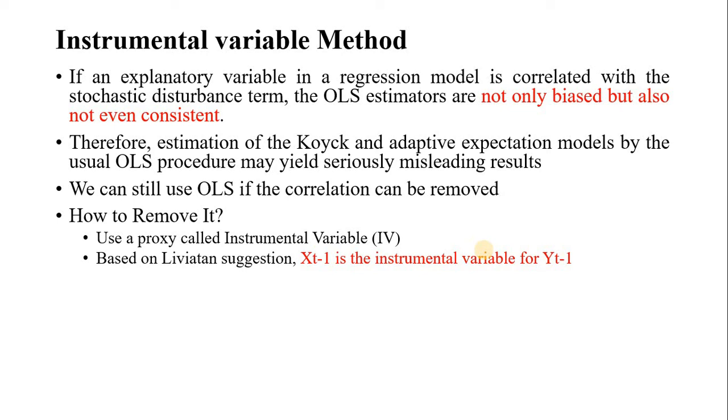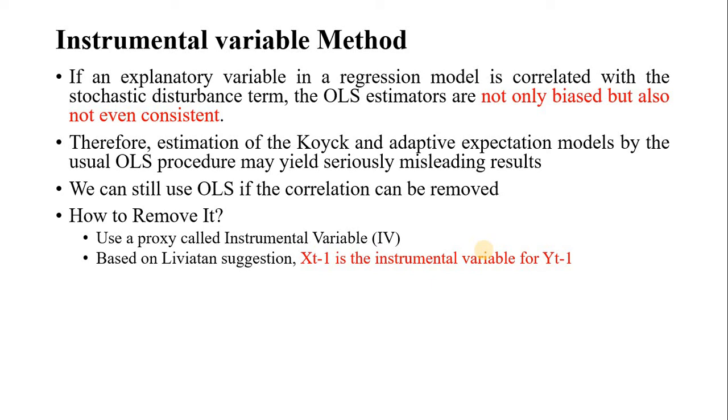The proxy was suggested by Leviathan, who suggested using xt minus 1 instead of yt minus 1, and he proved empirically as well as theoretically that xt minus 1 is the best proxy for yt minus 1. So instead of yt minus 1, you put an alternative variable called xt minus 1.